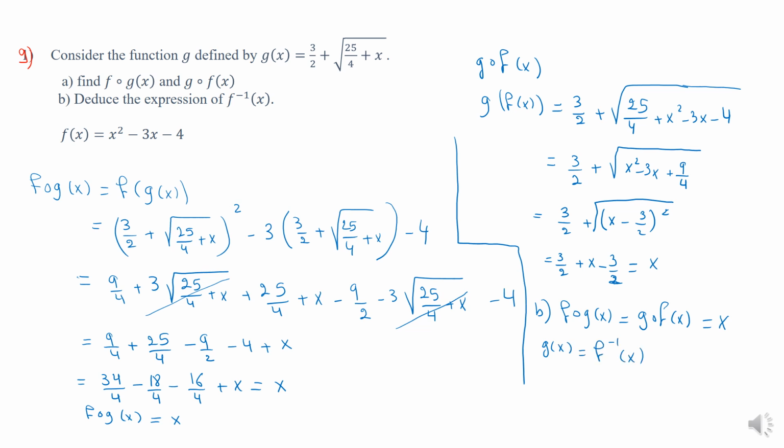In general, if f round g is equal to g round f is equal to x, this means that g is the inverse function of f and f is the inverse function of g. So the expression of f minus 1 of x is 3 over 2 plus radical 25 over 4 plus x.